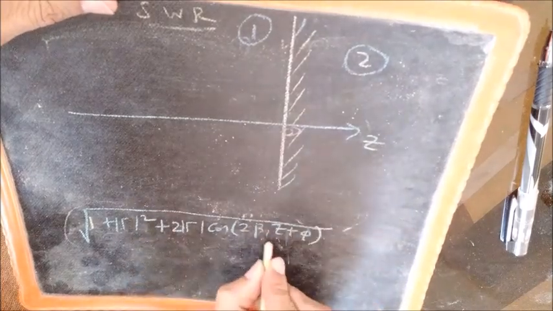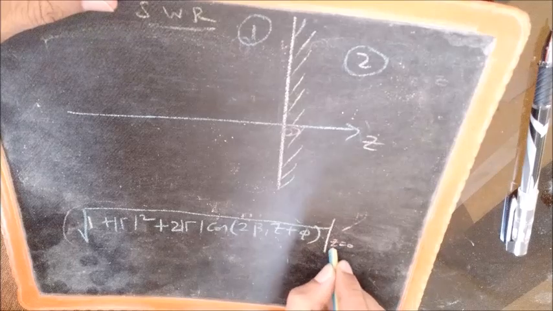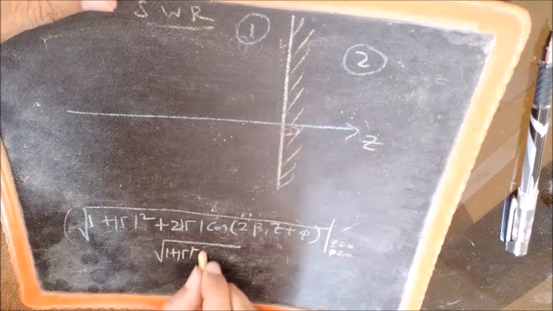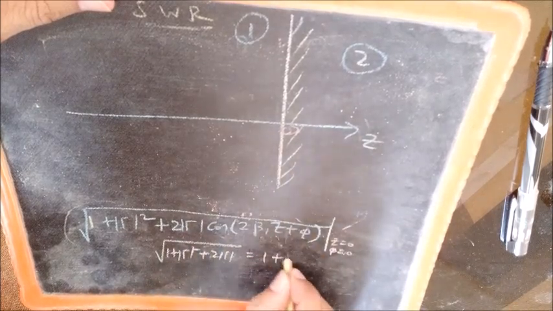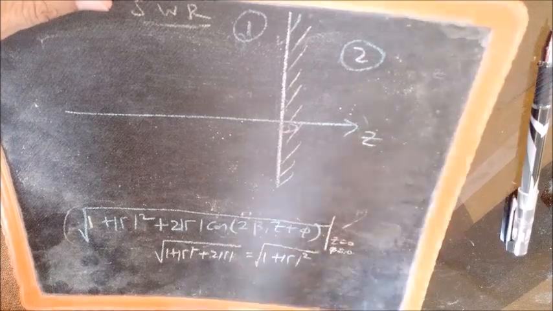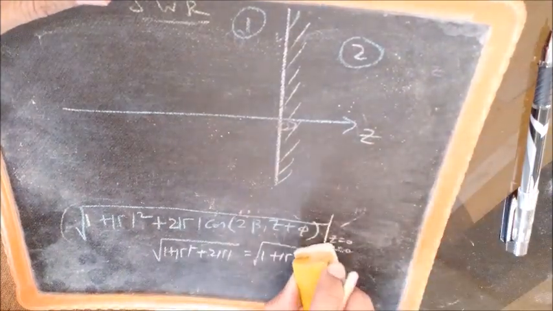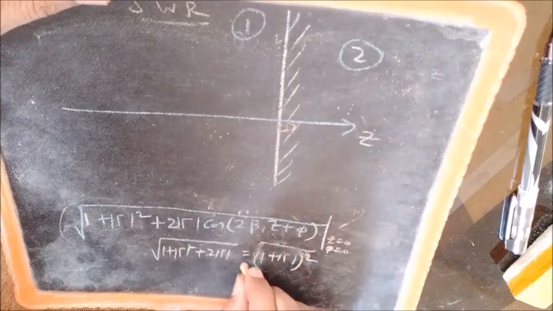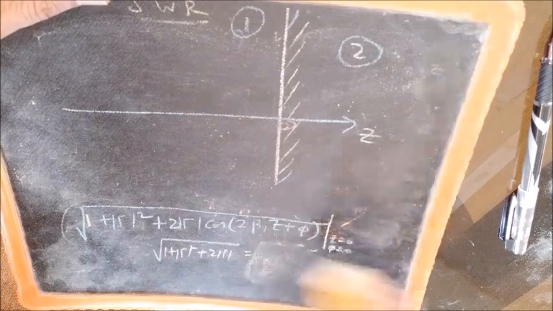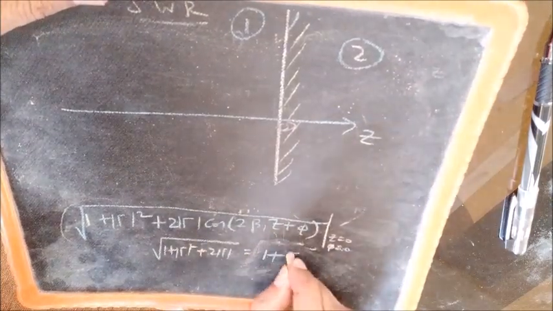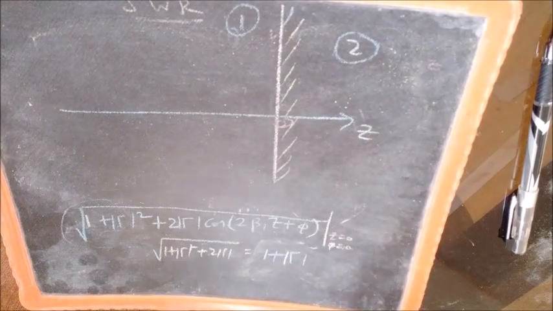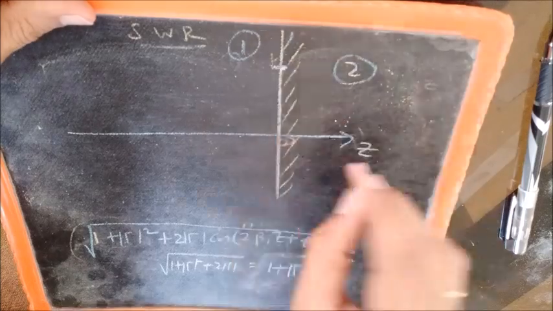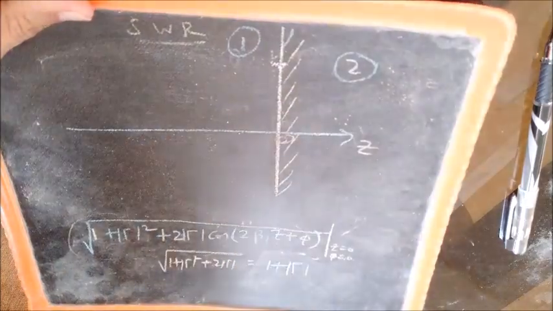This becomes the square root of 1 plus gamma square plus 2 gamma, which is nothing but 1 plus magnitude gamma whole square under root, which is the same as 1 plus magnitude gamma. So this is the amplitude at z equals 0 of the reflected wave.